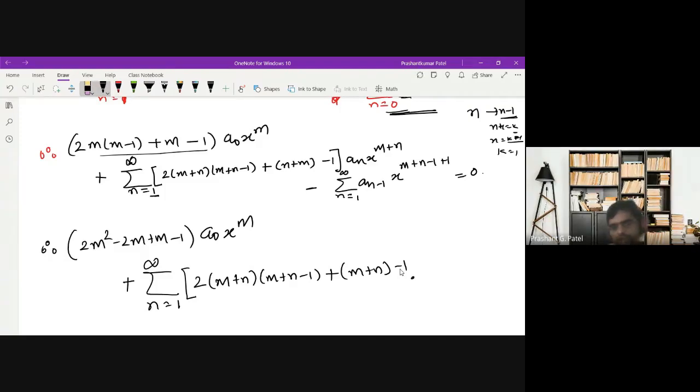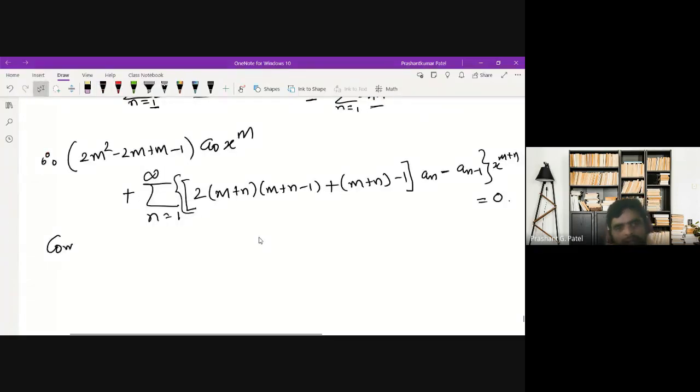In the last term, minus 1 and plus 1 cancel out, so it is also of the power x to m plus n. So this whole bracket is multiplied with an minus a n minus 1, and all this quantity is multiplied with x power m plus n, which is equal to 0. Because x power m plus n is now common in all the summations, and this quantity is multiplied with an, and that quantity is a n minus 1.